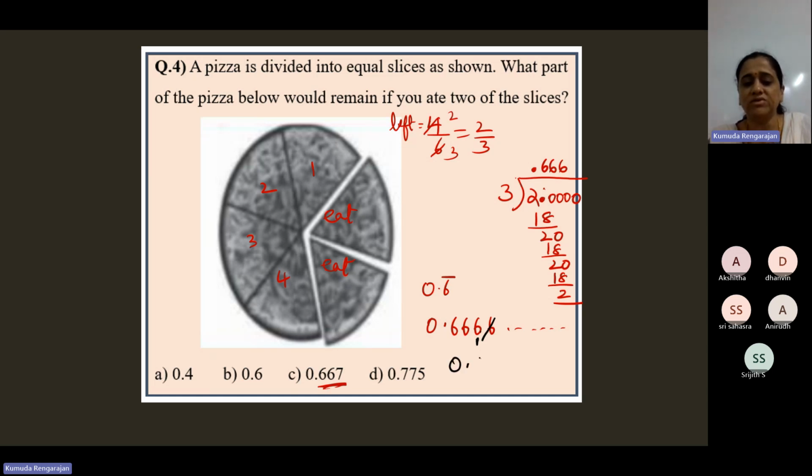So it becomes 0.667. How do you round off? If the last digit is more than 5, remove it and increase the previous digit by 1. That's how you round off. I can't understand, ma'am. If you want to round off, take away the last digit.